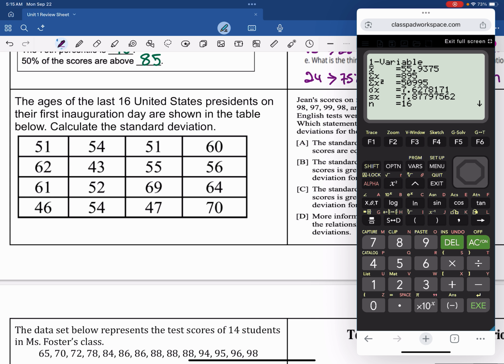So they didn't tell us what to round this to, so we're going to round to two decimal places. So we have standard deviation is equal to 7.88, because I'm rounding this to the nearest hundredth. All right, perfect.